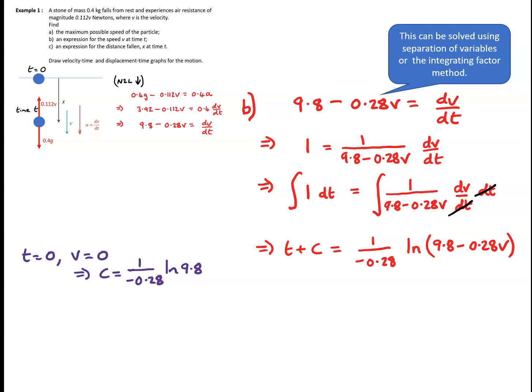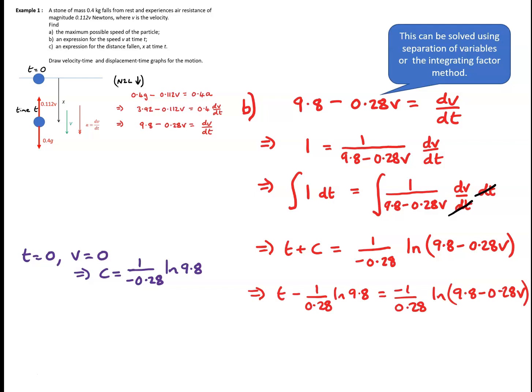Now when t equals 0, we've got v equals 0. That gives me that c must equal 1 over minus 0.28 times the logarithm of 9.8.